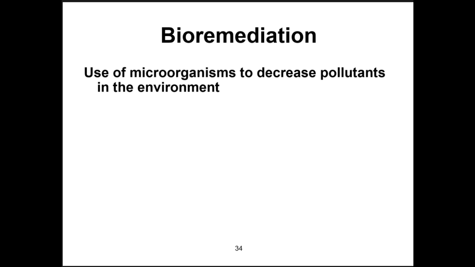Bioremediation is where microorganisms are used to decrease pollutants in the environment. For example, if there's an oil spill and bacteria are engineered to dissolve the oil so that it can be cleaned up quicker, that would be an example of bioremediation.